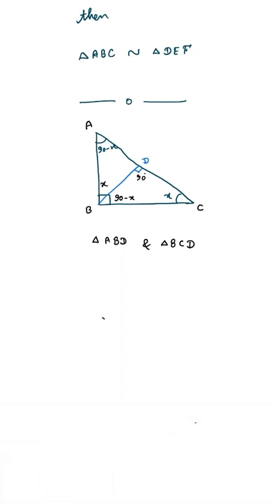So for triangle ABD, angle A is 90 minus x, and in triangle BCD, angle DBC is 90 minus x. So we can say that angle A is equal to angle B if we consider these two triangles, and angle B in triangle BCD is nothing but angle DBC if we write it in complete form.